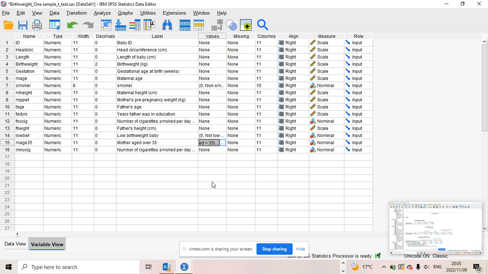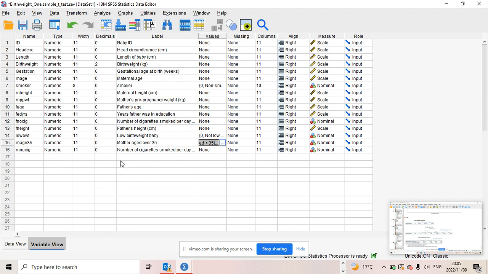Given the fact that we are more interested in the birth rate of babies born to smoking mothers, we need to select the cases so that we can work on the cases that are related to smoking mothers. So how do we do that in SPSS?